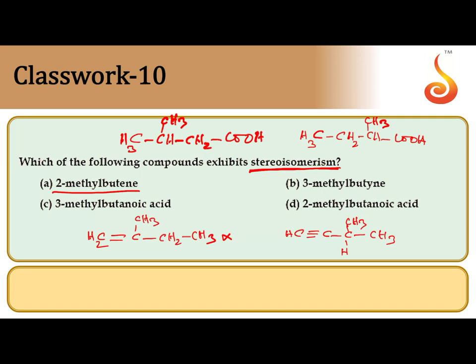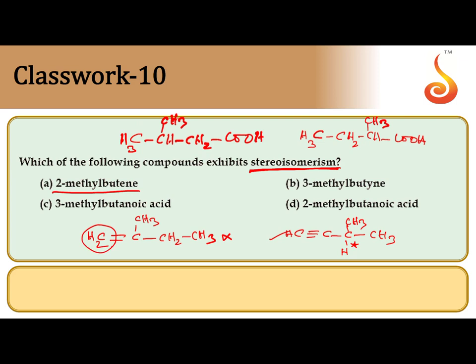Which of the following compounds exhibits stereoisomerism? Because of the chiral carbon, 3-methyl butane will exhibit. Because of CH2 it won't exhibit any isomerism. A won't exhibit.